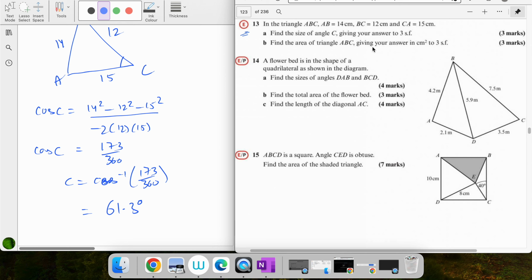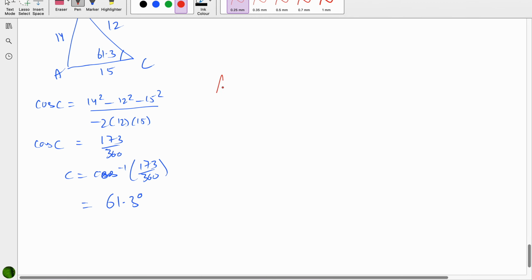B part says find the area and leave your answer to 3 significant figures. So this angle is 61.3. For area, we use the formula area is equal to 1 by 2, 15 times 12, and sine of angle between the two sides. So 1 by 2 into 15 into 12 into sine 61.3, that is 78.9 centimeter square.